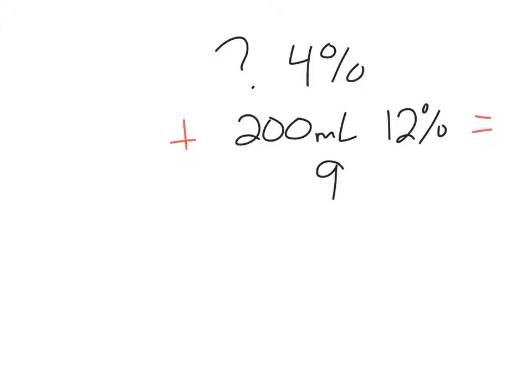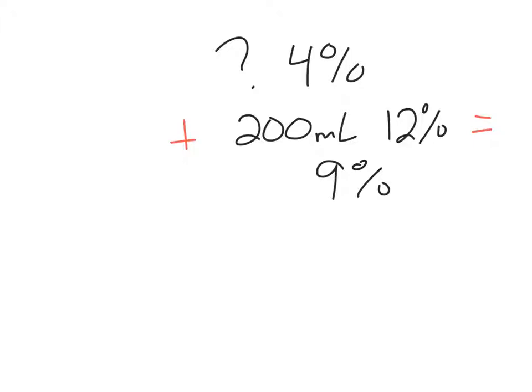So, 9% solution. Again, the question is very similar to our bleach question. I want to know how much of that 4% solution is going to be needed to add to 200 milliliters of that higher concentration solution, that 12%, to create something in between, a 9% solution.